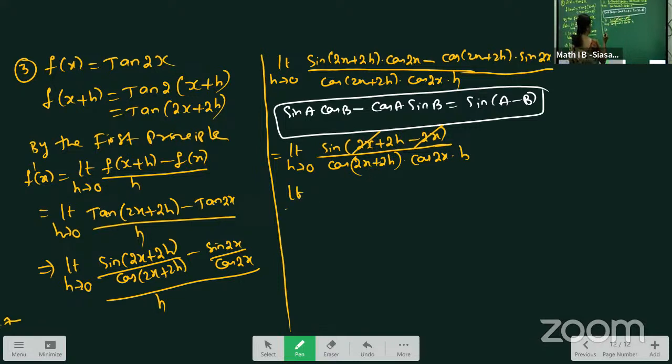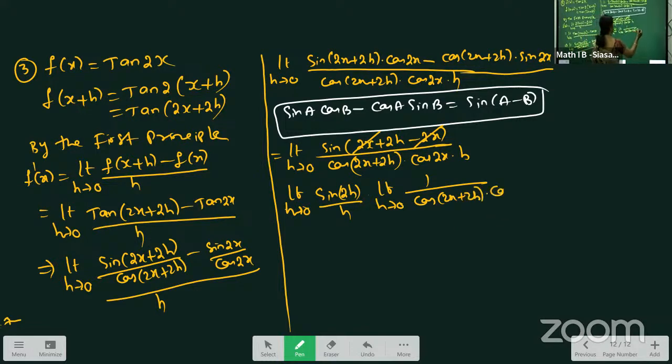Write the limit separately: sin 2h, only h is there, right? By h, you write into limit h tends to 0, 1 by cos of 2x plus 2h into cos 2x, because for the last term we don't need a limit as there is no h term. Now substitute the limit.